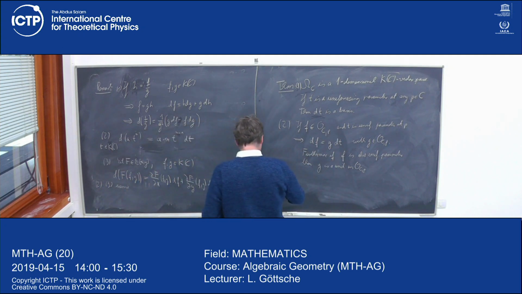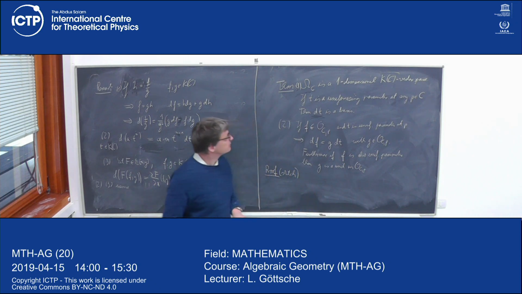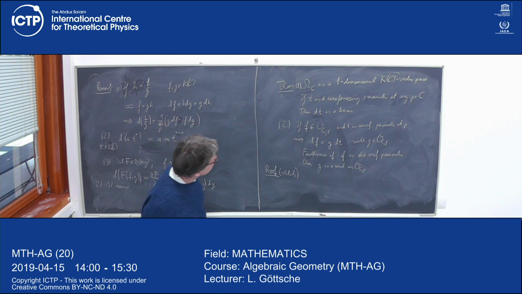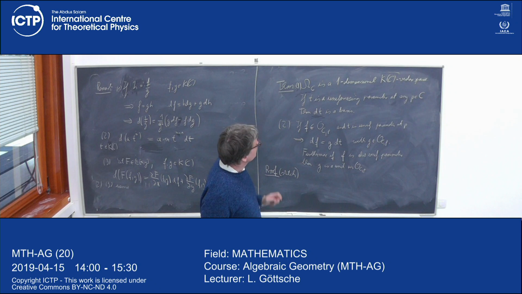So I will just give some kind of sketch of the proof. Actually, the sketch consists in the fact that I only prove a small part of this. I will prove to you that the dimension of this vector space is at most 1. It could still be that this vector space is just 0, but this I don't disprove.